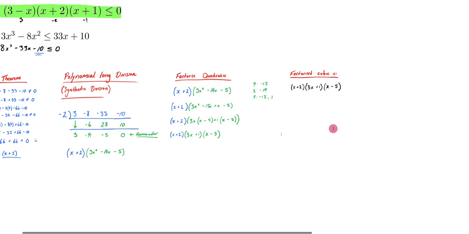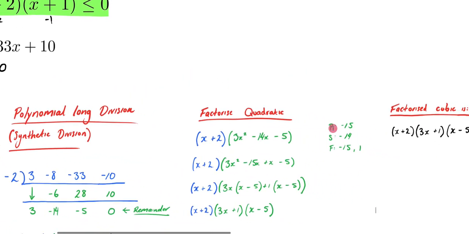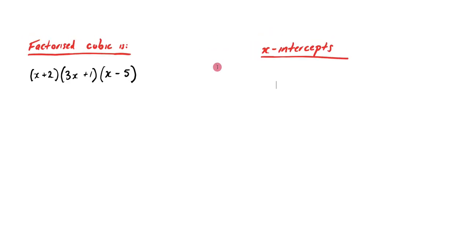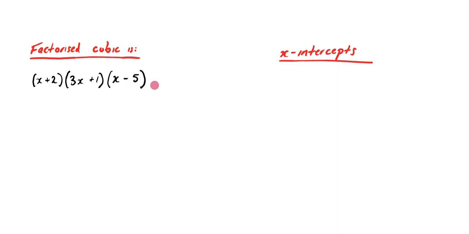Okay, so let's zoom in here. And remember, the whole reason why we wanted to do this is because we want to find the x-intercepts. Remember what we're trying to find here is when this is less than or equal to 0.